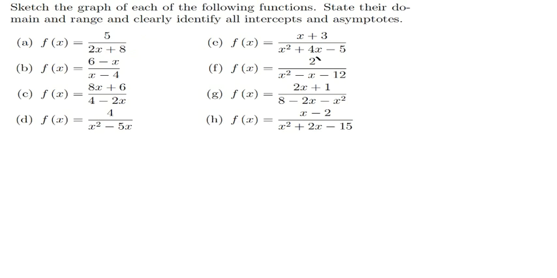Now this function is bottom heavy because x down is greater than x on top. So for the range, in that case, you just say y is not equal to 0. Then the range is from negative infinity to 0, union 0 all the way to positive infinity. The one who was behind, are we together now?